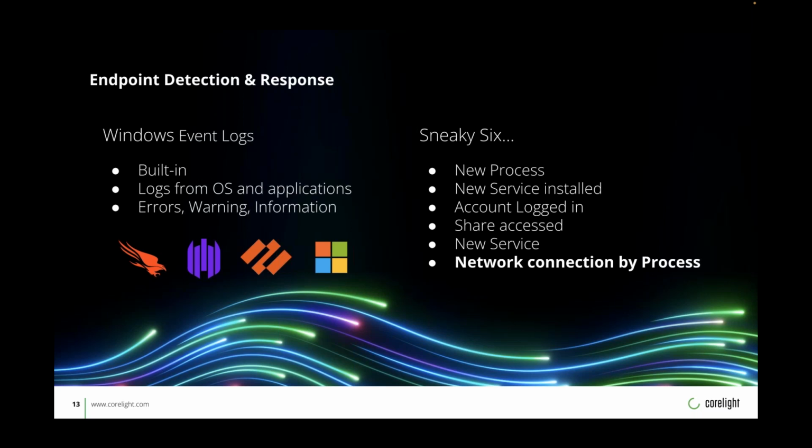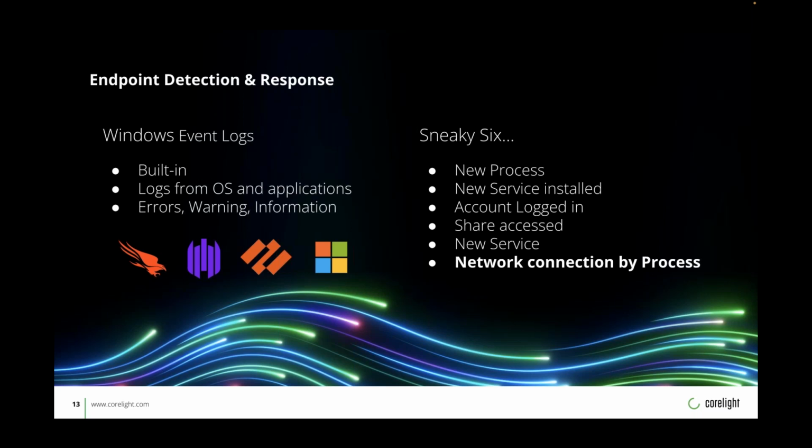Now that list there on the right, the Sneaky 6, you will probably recognize. That's from MITRE, and that's 6 things that you should always be monitoring at the endpoint, because they can be indicative of stuff going on in the background that looks and sounds pretty normal, but can be a serious indicator of something bad happening. So they're all pretty obvious.